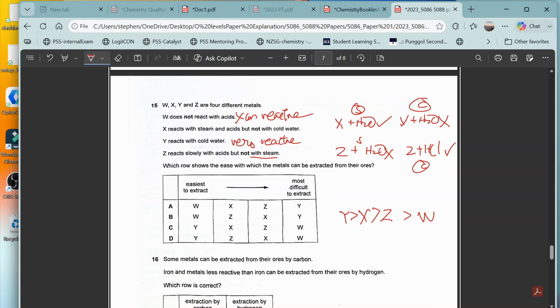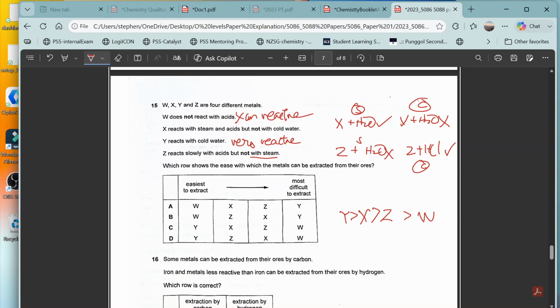So do you agree with what I said? Y is very reactive, the most reactive. W is the least reactive. So that's why I put Y and W first. Then I have to decide whether X is more reactive than Z or Z is more reactive than X. Based on what I have written on top here, I can deduce that X is more reactive than Z. Why?